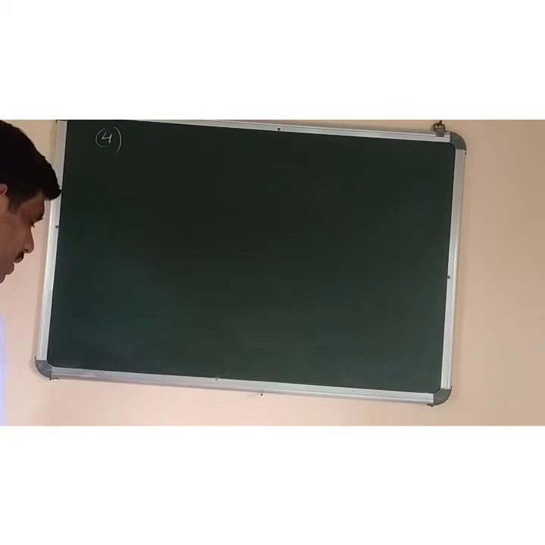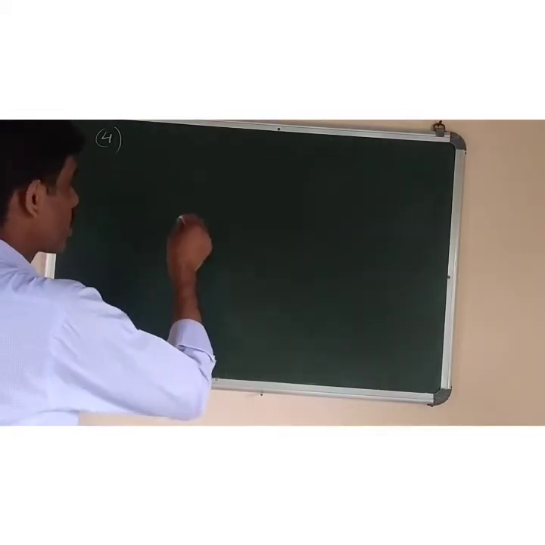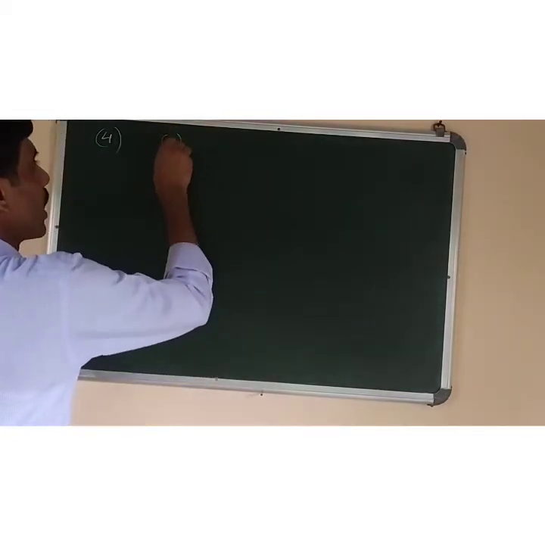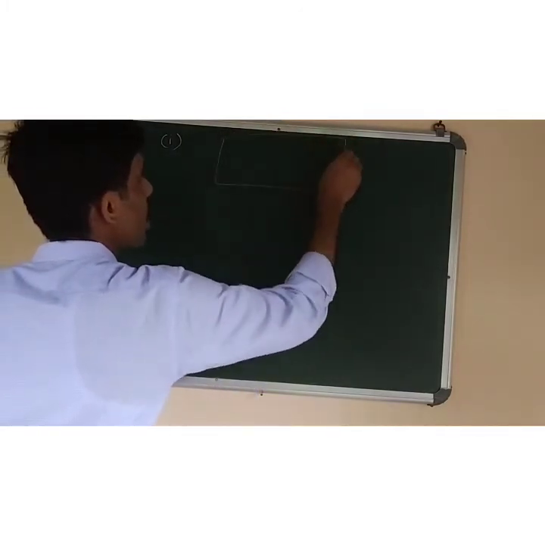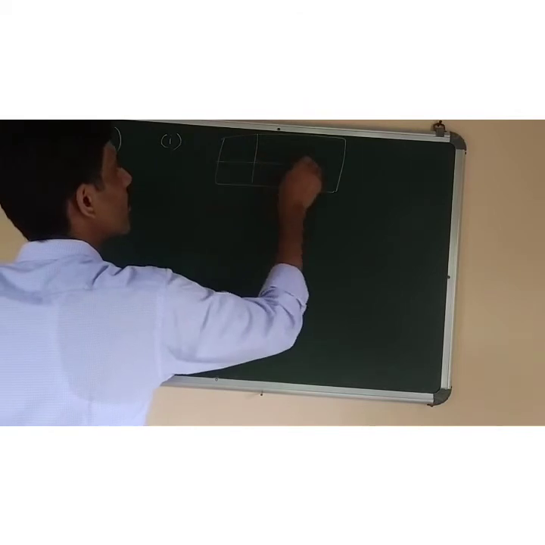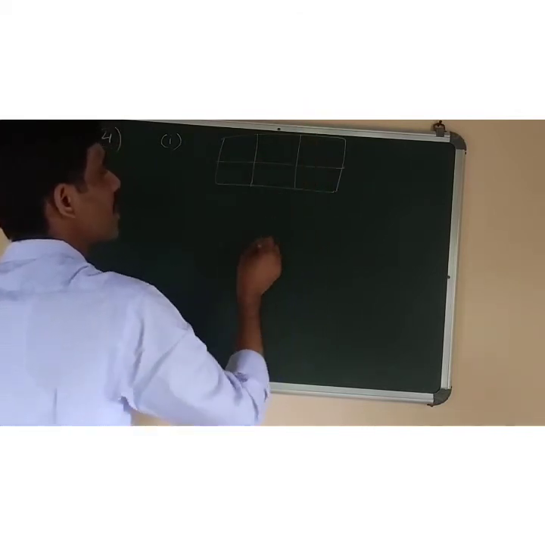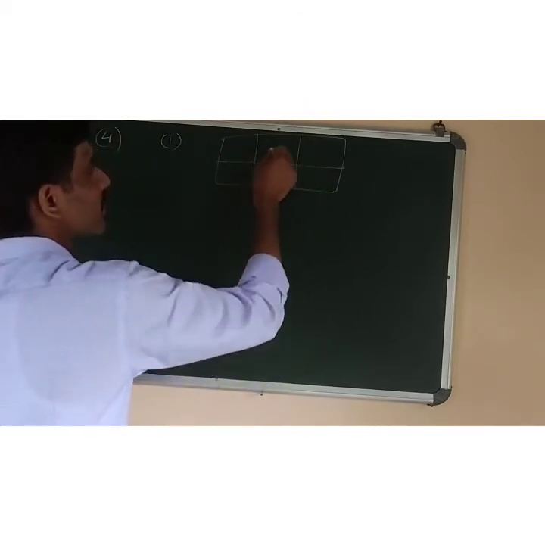So first we have to draw the Punnett square. Punnett square means the box you have to draw, in which male and female gametes will be there.